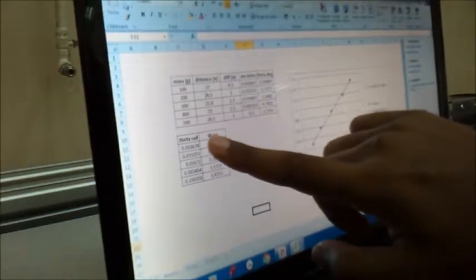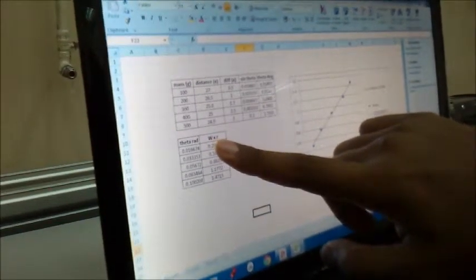We put it here and calculate the weight multiplied by the radius of the center disk.